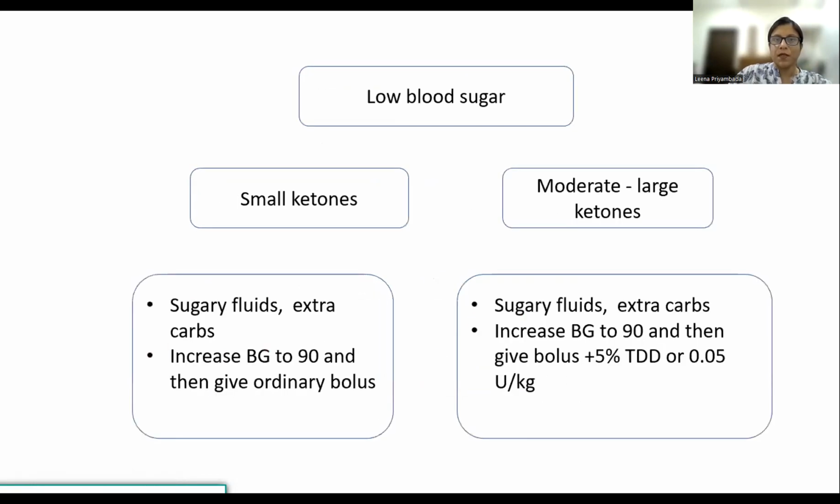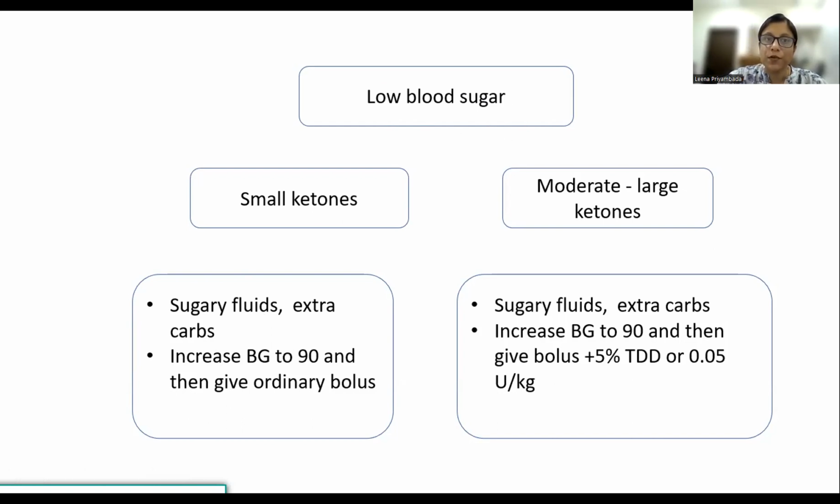Now the other scenario, which I have made a little repetitive so that people can understand it in various ways. If there is low blood sugar and small ketones, with vomiting, diarrhea, then give sugary fluids. If ketones are small, we are mainly bothered about maintaining the blood glucose.